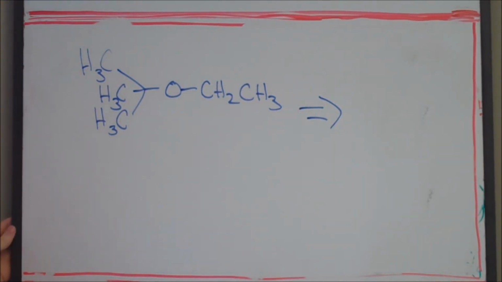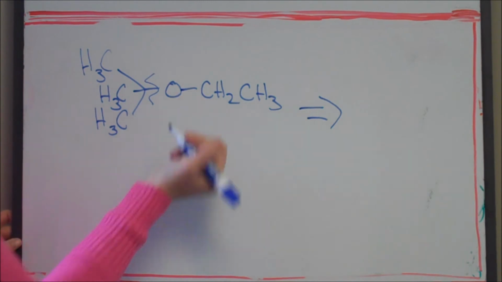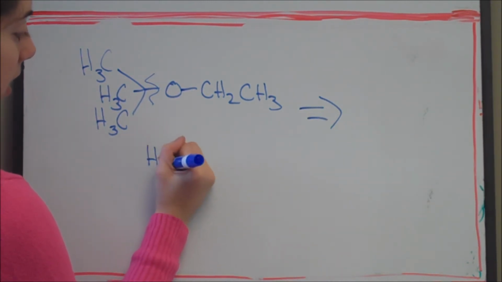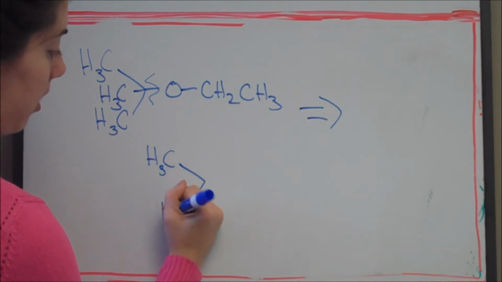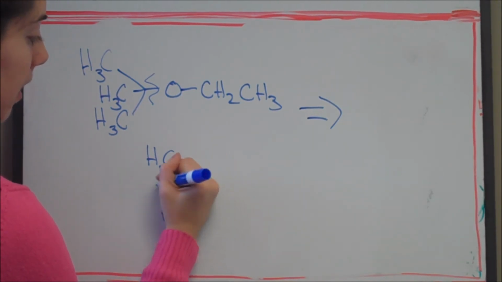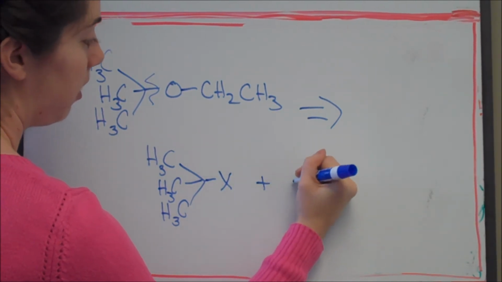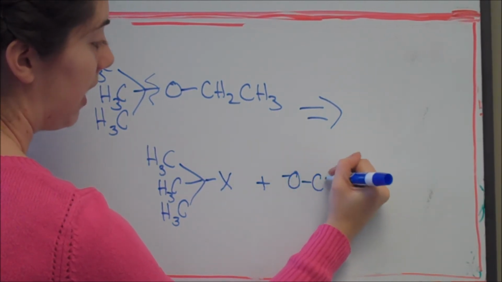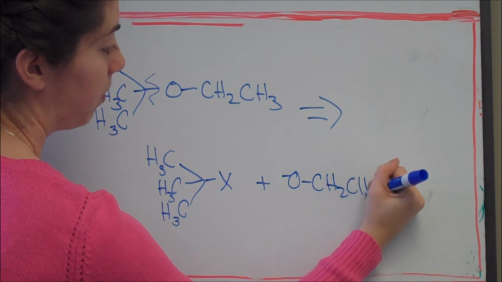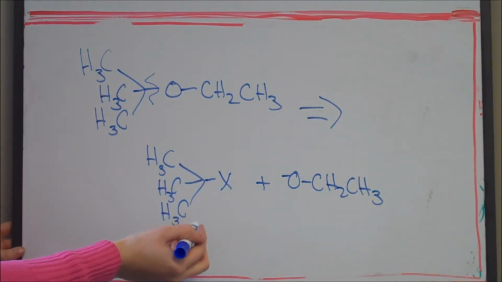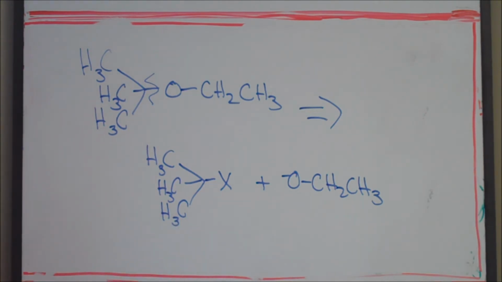The first option is that the molecule could be split here, giving your reactants a tert-butyl halide and ethyl oxide. In this case, your halide is a tertiary group, which means that it wouldn't work for the Williamson ether synthesis.